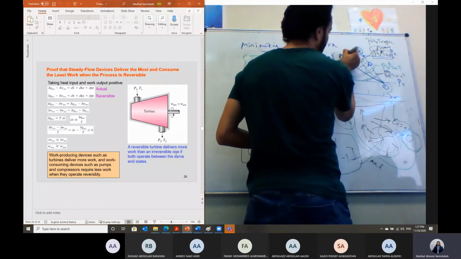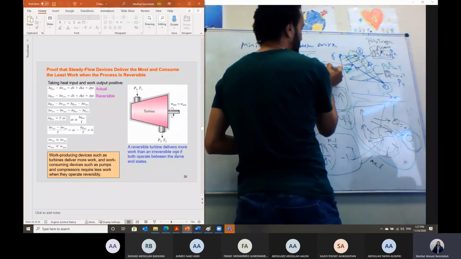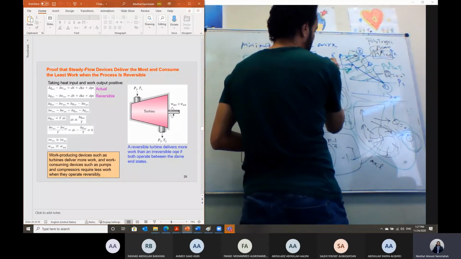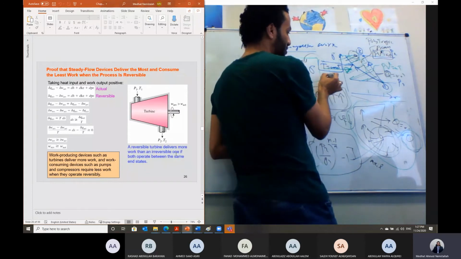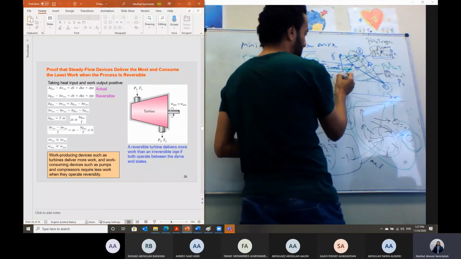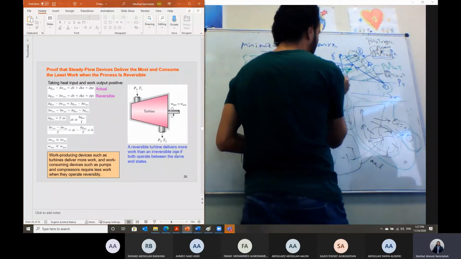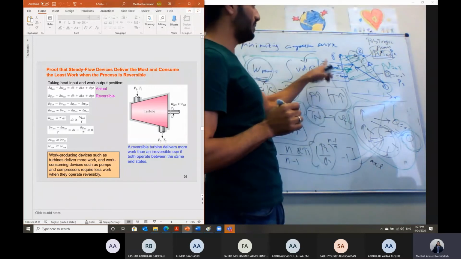This is the line representing the case when the process is isothermal. Temperature is equal to constant. With temperature constant, we have PV equal to RT. Temperature is constant and R is constant. That means for this process PV is equal to constant.